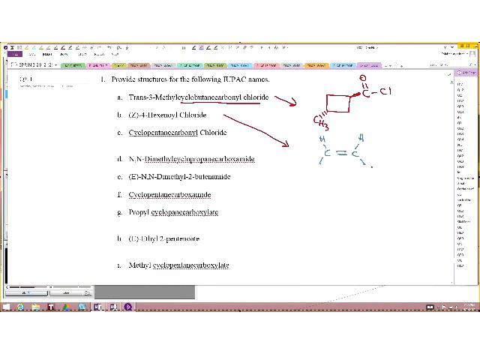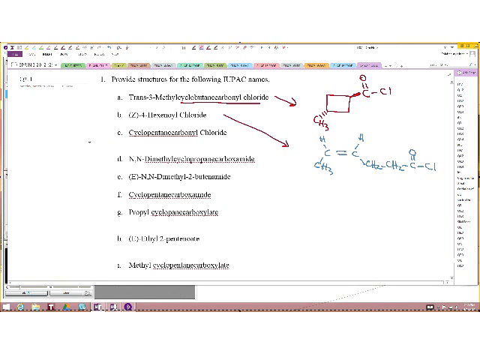And 4-hexenoyl, so this would be carbon 4, this is 3, 2. Hexenoyl chloride, that is a chloride right here. 1, 2, 3, 4, 5, 6. That means there's a methyl here. Okay, it's a Z.